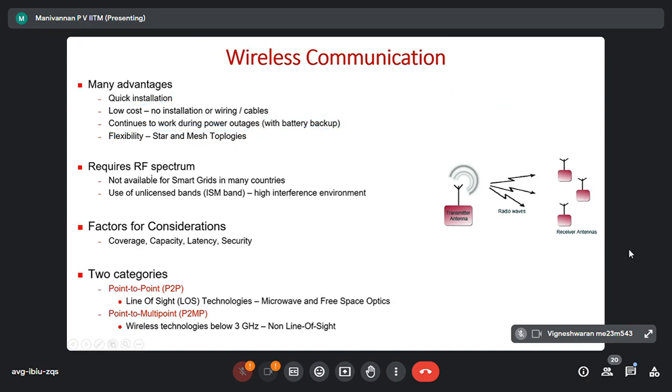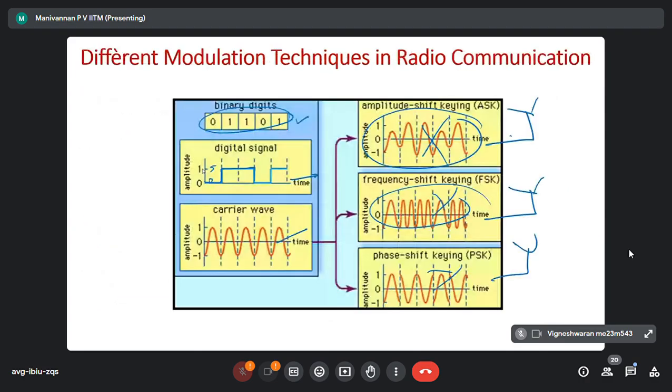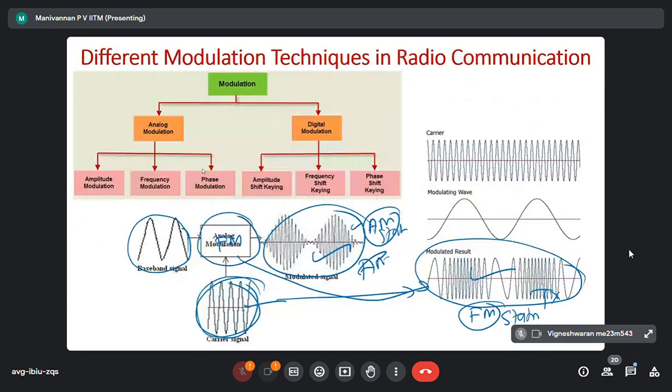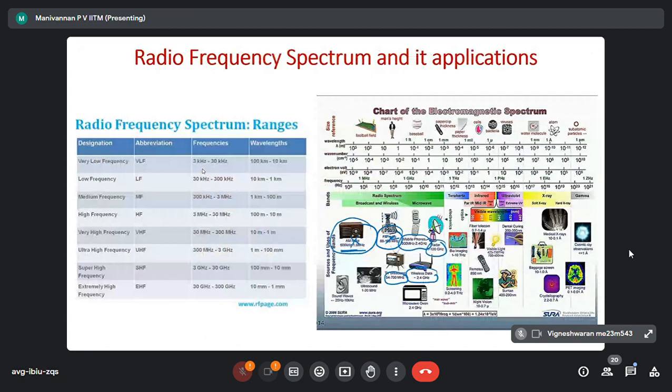But what are the things you need? You need the RF spectrum. You can transmit only on particular frequencies, with government permission. You cannot create your own device and transmit in any frequency. That is what I told you in the beginning. Please note down, the spectrum is fixed for each radio communication.